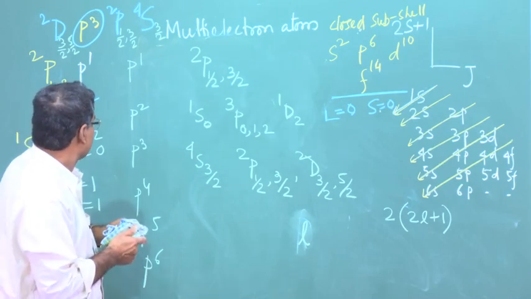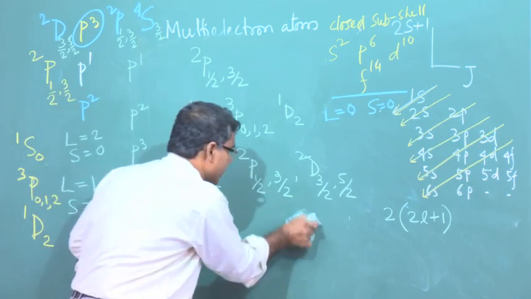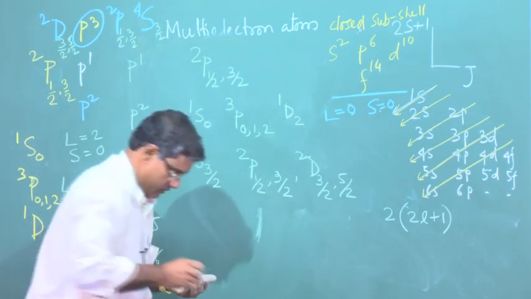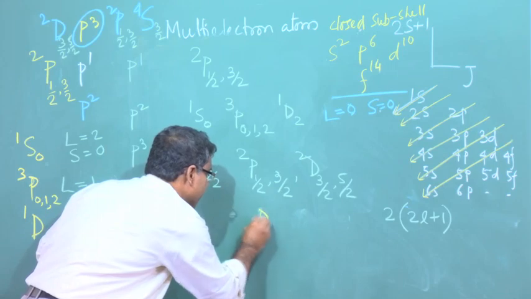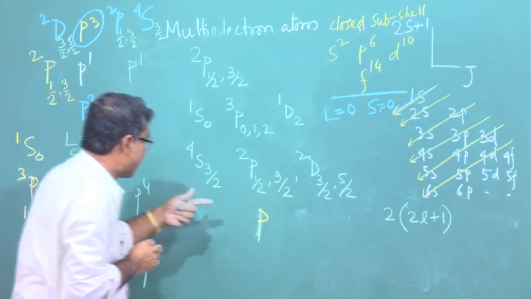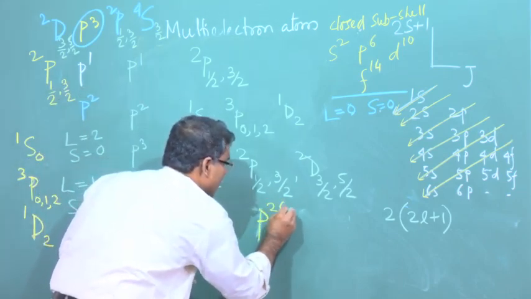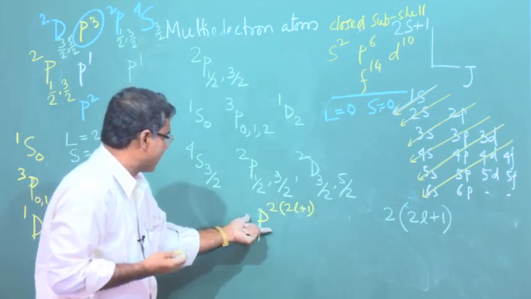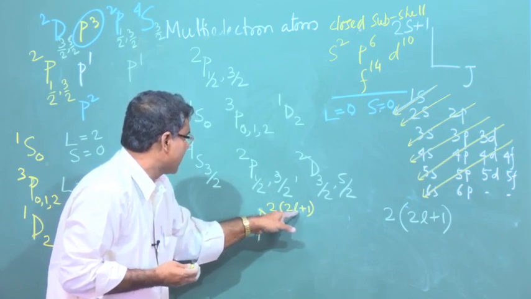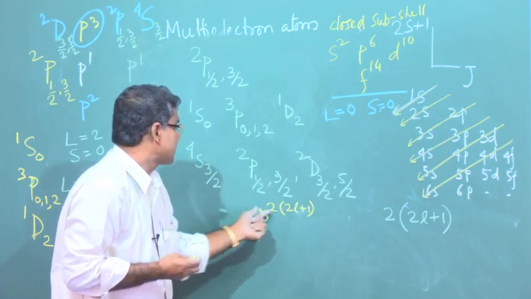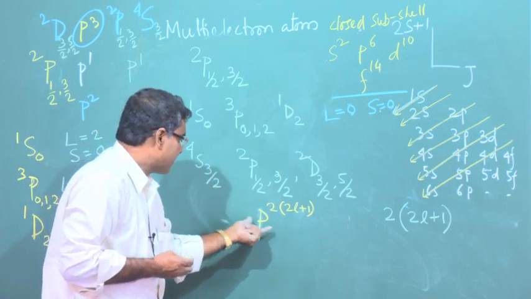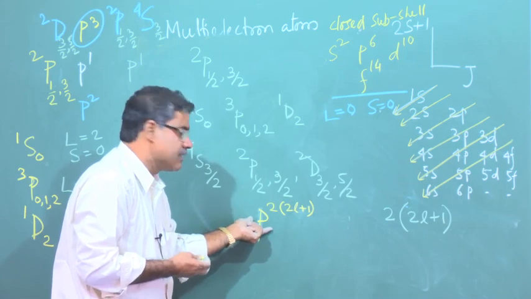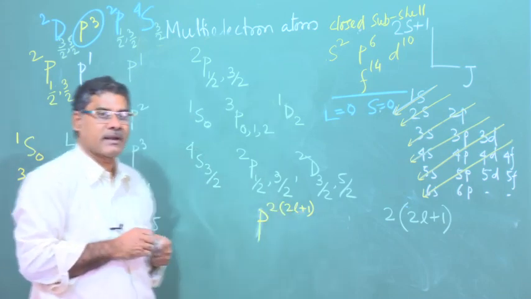In this case it is P. So P can have a maximum of 2(2l plus 1). P equal to 1 means it can take 6 electrons. If it is P in general, if it is D, if it is S, one can write this way.